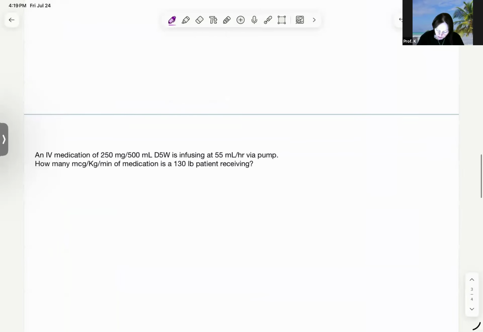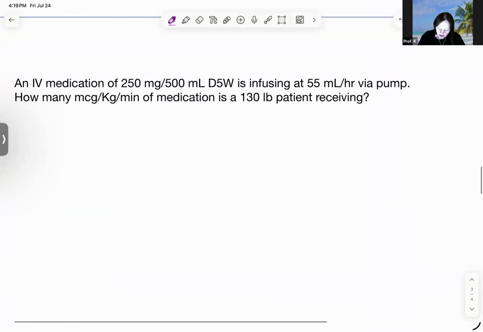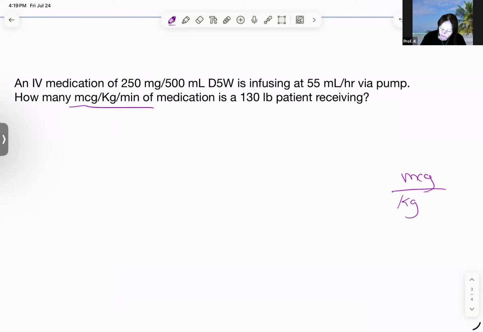So the last problem I want to show you is this one. And this one is telling you to solve for how many micrograms per kilogram per minute. So now you're solving for the three-factor. And this is like high level critical care meds, just like the order when it was written like this. Now we're solving for this.